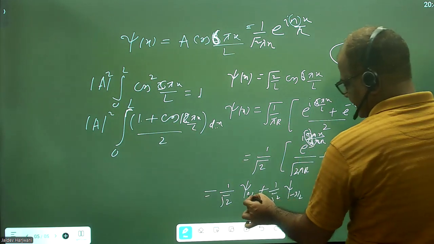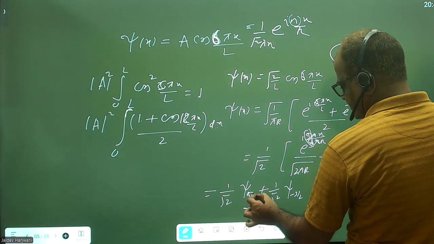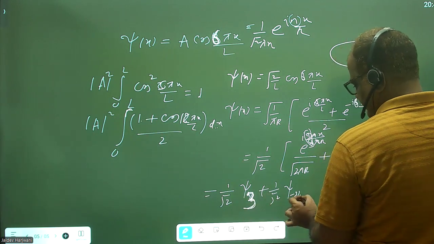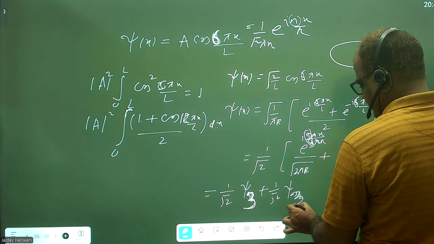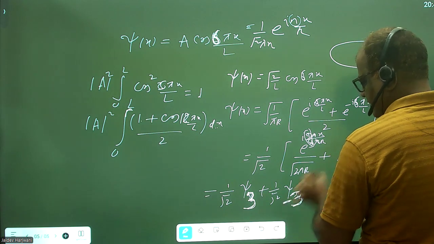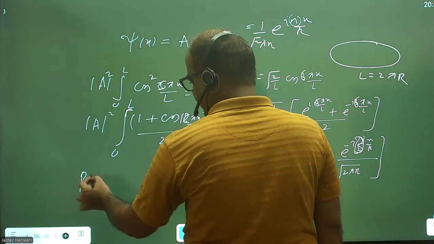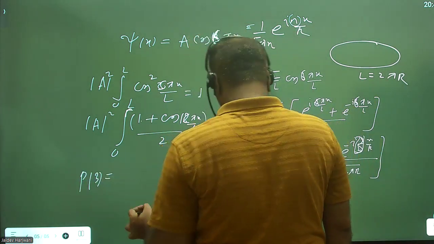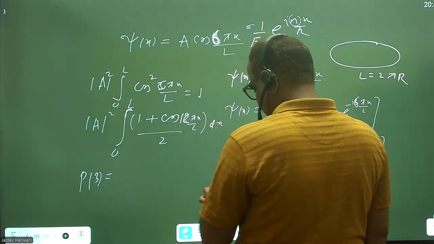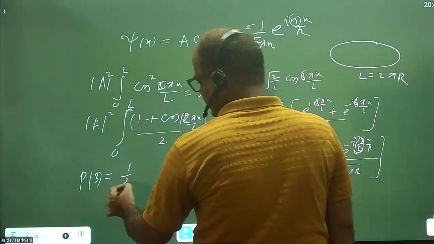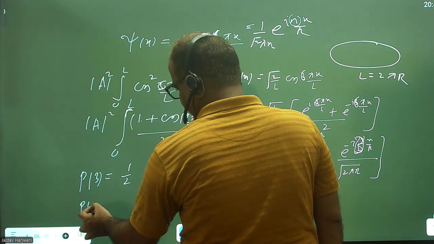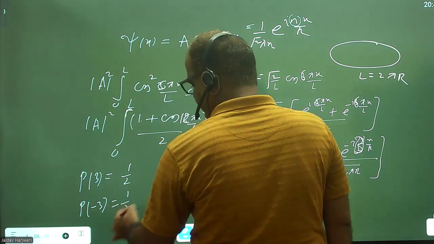So now I can write this is the state with n equal to 3, and this is the state with n equal to minus 3. So the probability of getting 3 is a square, which is 1 by 2. The probability of getting minus 3 is also 1 by 2.